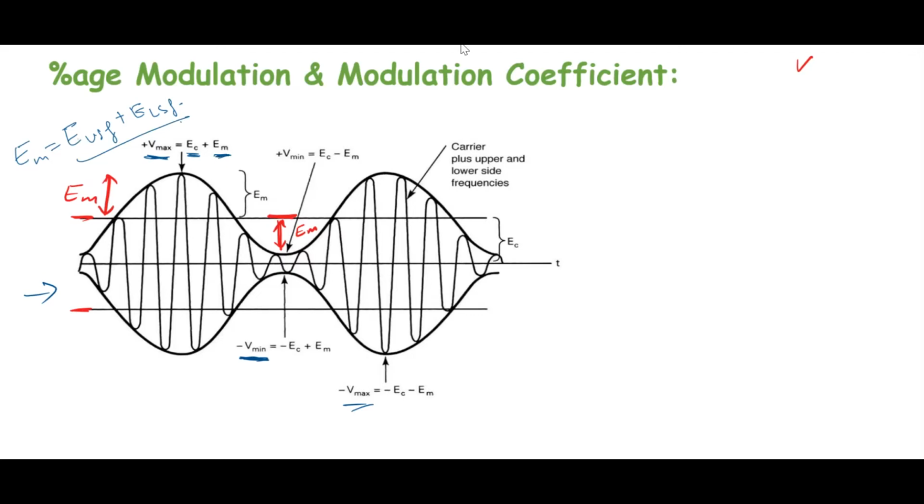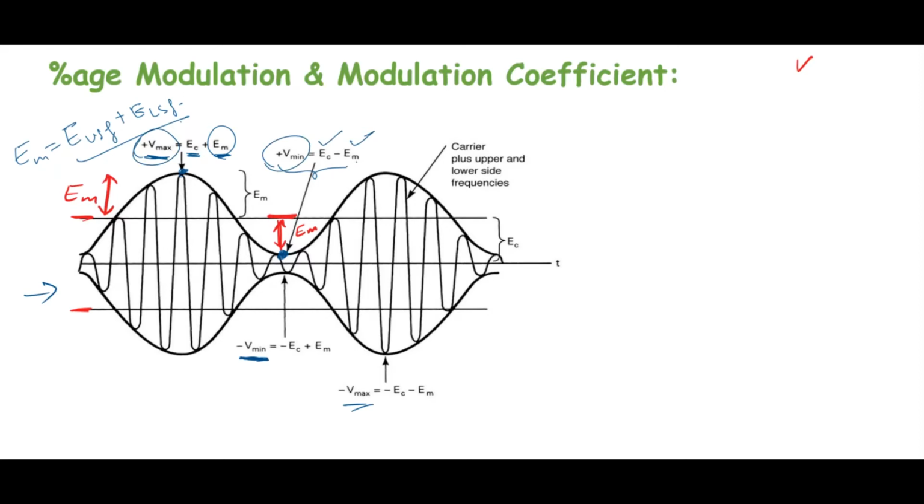A similar thing happens at this value. Here you can notice that the amount which is added to the maximum amplitude value is being subtracted at this place, meaning we are subtracting Em from this amplitude Ec, where Ec is the amplitude of the carrier. So this voltage we call plus Vmax, and this is plus Vmin.